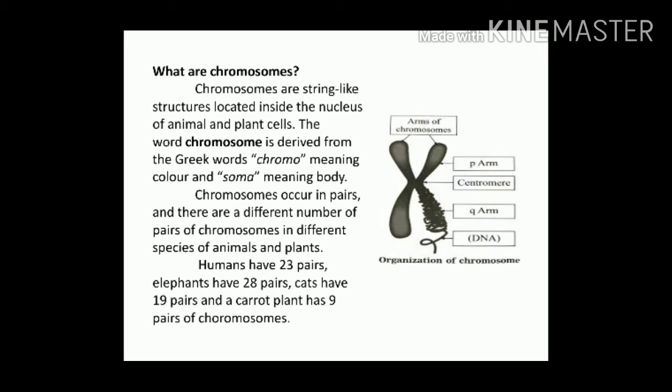The arms of the chromosome are attached to the centromere, and depending upon the position of the centromere and the length of the arm, there are four types of chromosomes: metacentric, submetacentric, acrocentric, and telocentric.